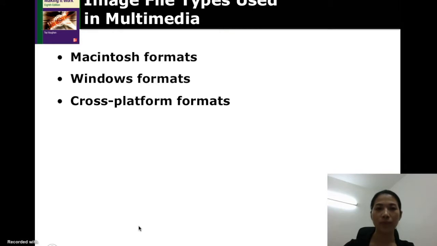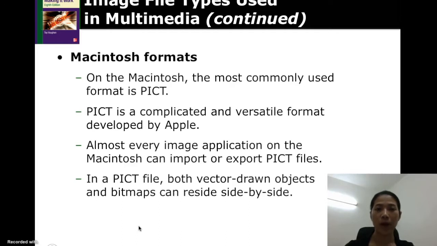In multimedia image file types, we have three main formats. They are categorized into the Mac format, the Windows format, and the cross-platform format, which means you can use it on different platforms. On Mac, the most common format used is PICT, which stands for Preliminary Implementation Component Tool.